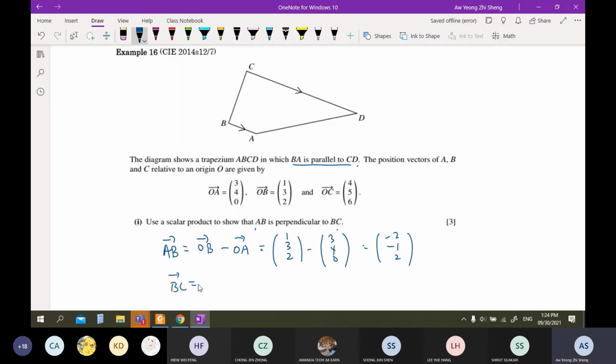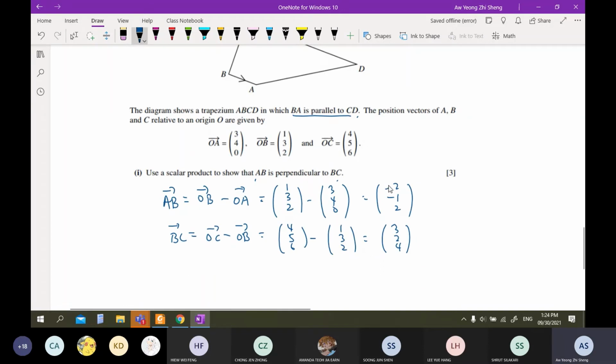Then find BC as well. Then take the dot product of AB and BC.